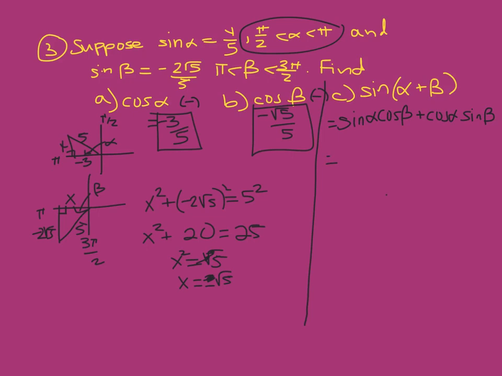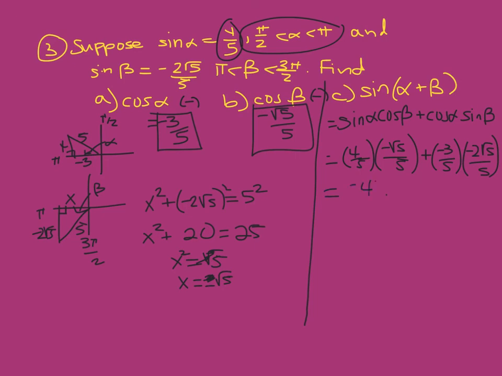So sine of alpha, we know right here is 4/5. Cosine of beta, we just found in part B, that's negative radical 5 over 5. Cosine of alpha, we found in part A, that's negative 3/5. And sine of beta is negative 2 radical 5 over 5. So now you're just going to use a little bit of algebra to solve this out.